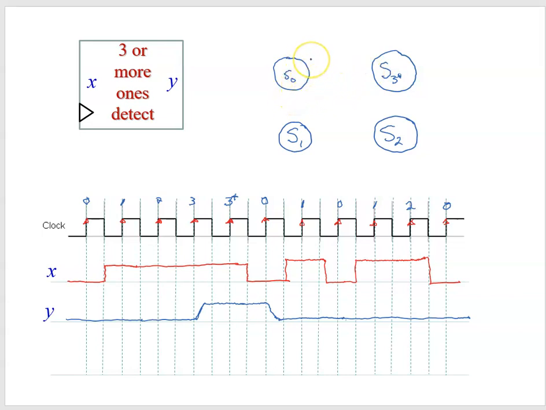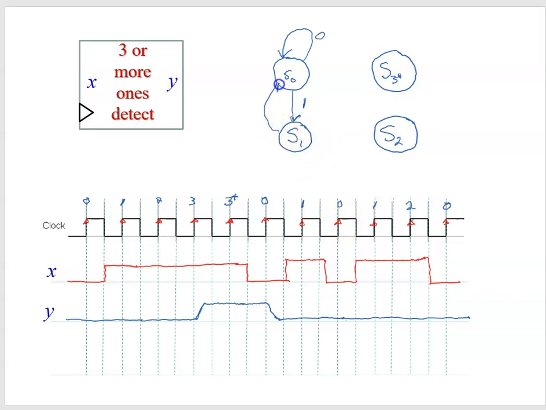So if we're in state 0 and we get an X equal to 0, then we still have 0. If we're in a state with a count of 0 and X is equal to a 1, then we have a count of 1. But if we're in state 1 and X is equal to a 0, we need to go back.